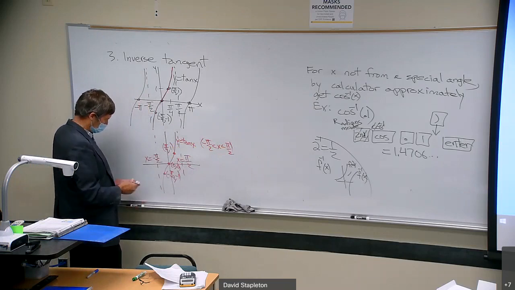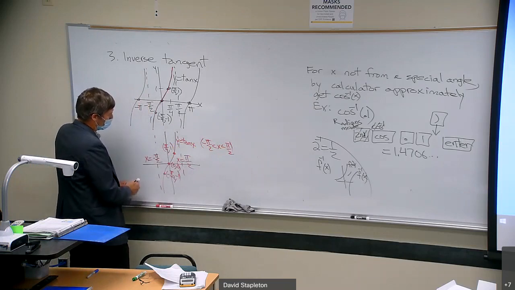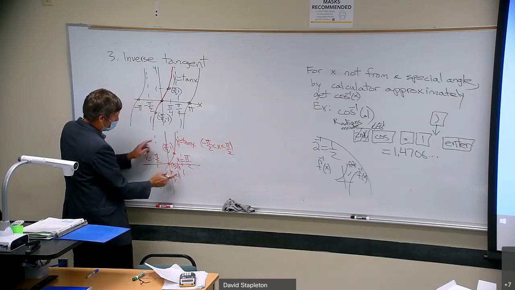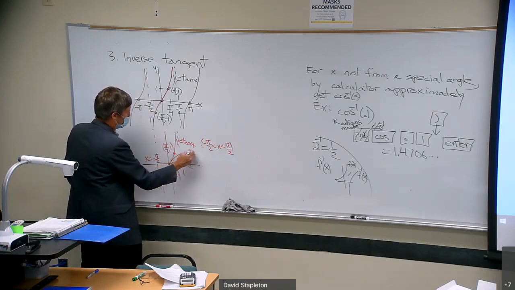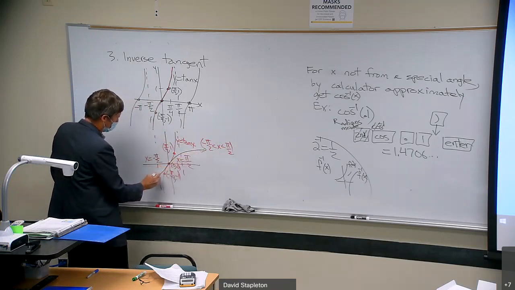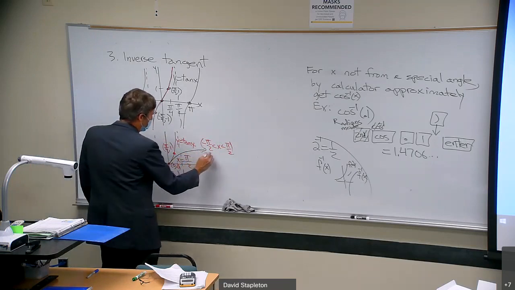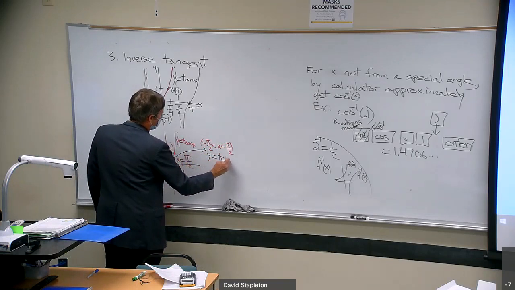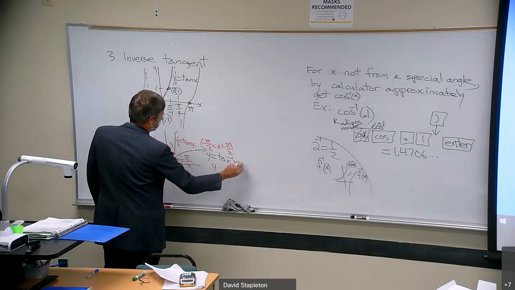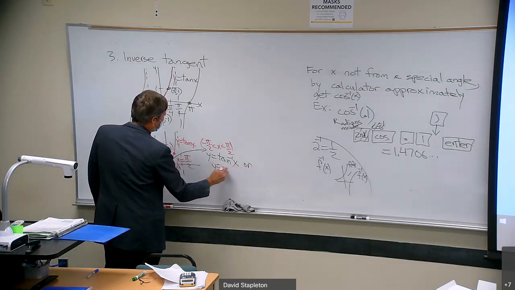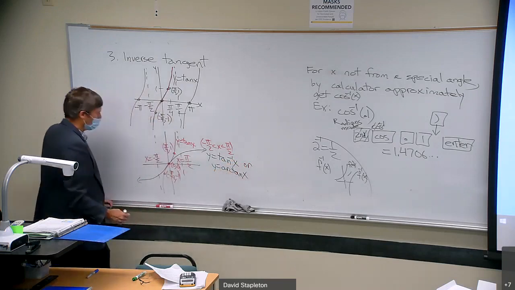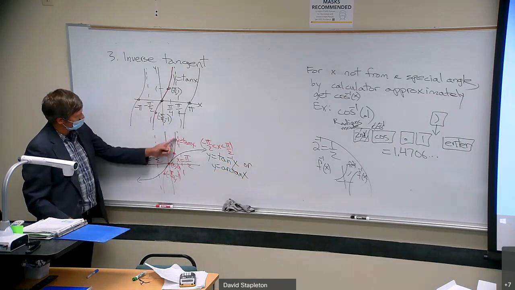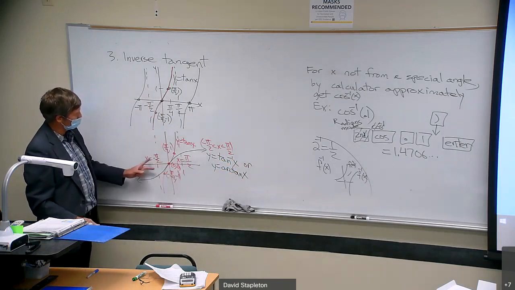And we flip that over the line y equals x to get the inverse tangent. And right, if you think of flipping it like that, it looks like this. That's what we call the inverse tangent or arctangent. And it had vertical asymptotes at plus and minus pi over 2 for the tangent.